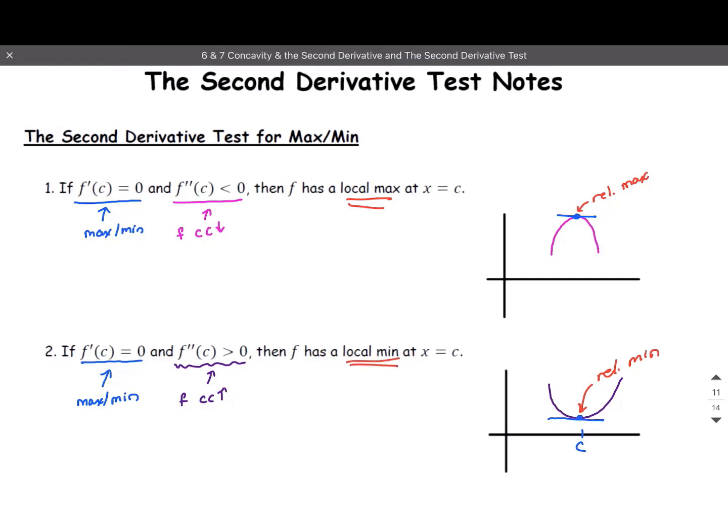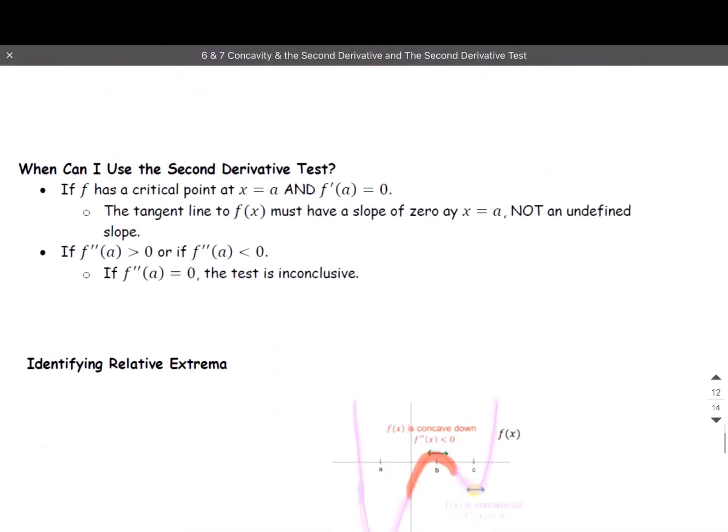So this is pretty awesome, and it can be quite helpful. We can use this whenever we know f has a critical point and the derivative is 0. The tangent line to f of x must have a slope of 0, not where the slope doesn't exist. So we need it to be that the derivative is 0, not that f prime doesn't exist, and we need to know whether the second derivative is positive or negative.